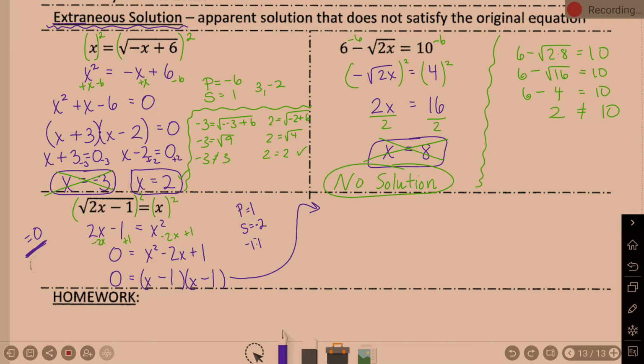How do I finish this off? Check it. What's my answer though? I can't check it yet. I didn't write my official answer. Well, it's not x equals -1. We're going to take x minus 1 and set it equal to 0.